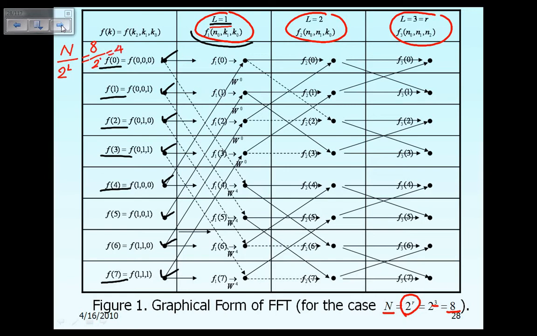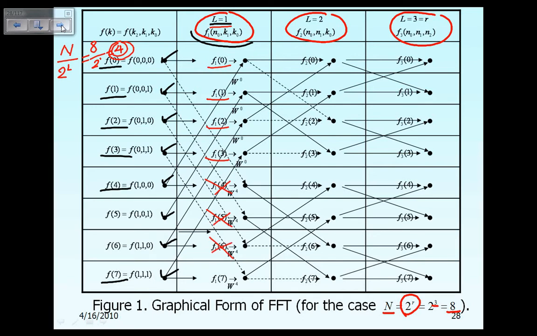That number 4 means you will calculate F10, F11, F12, F13. You calculate the first 4, because that ratio is equal to 4, and then the next 4 you skip.